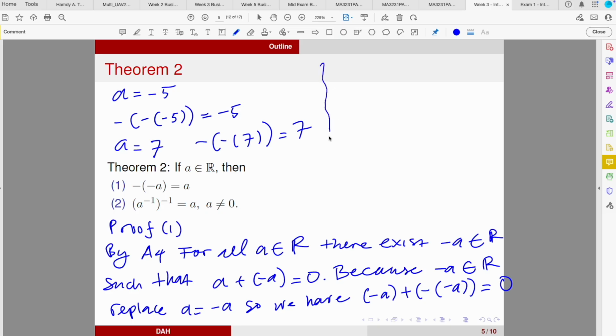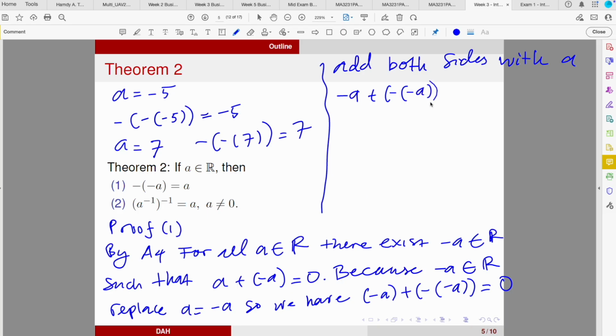Okay, what next? And then add both sides with A, because I want to prove that minus of minus A is A. So add both sides with A. What do you get? Minus A plus minus of minus A plus A equal 0 plus A, right?